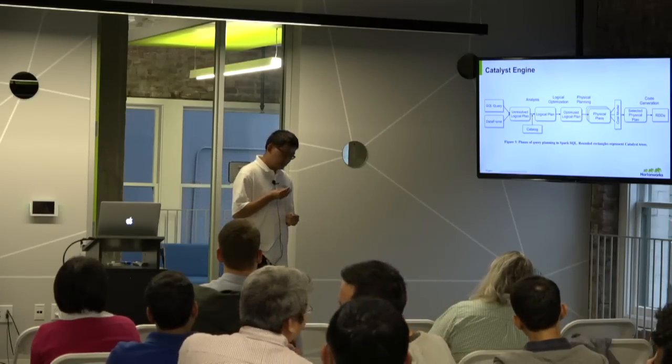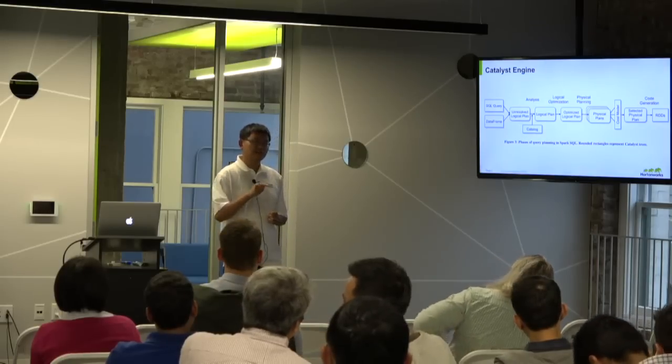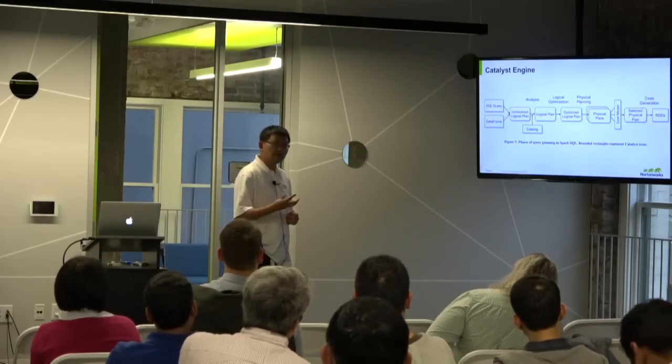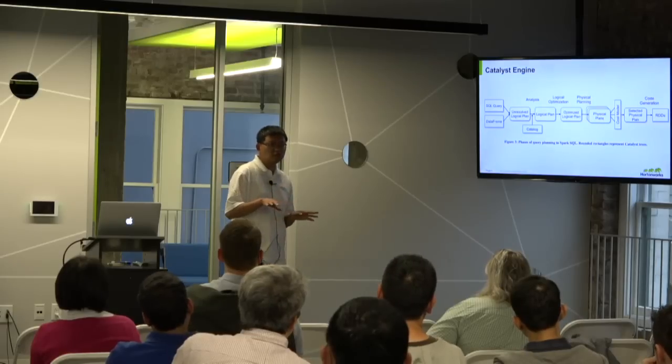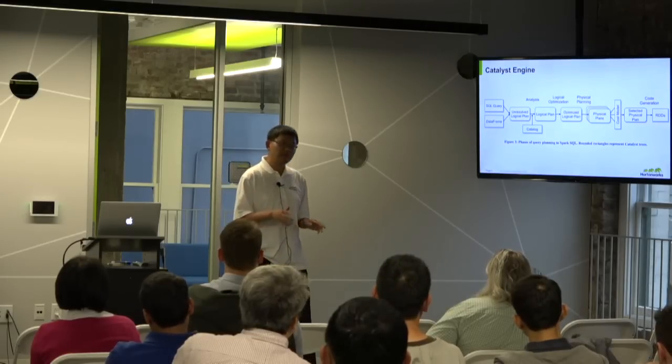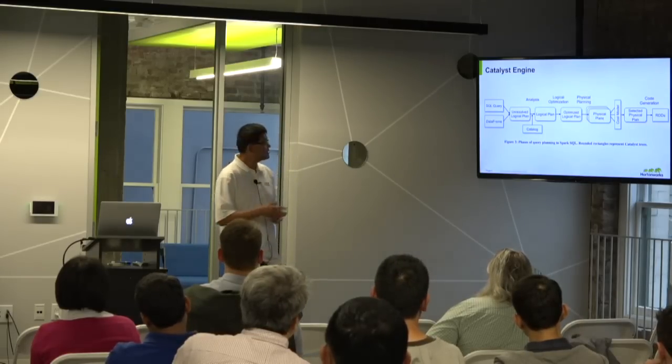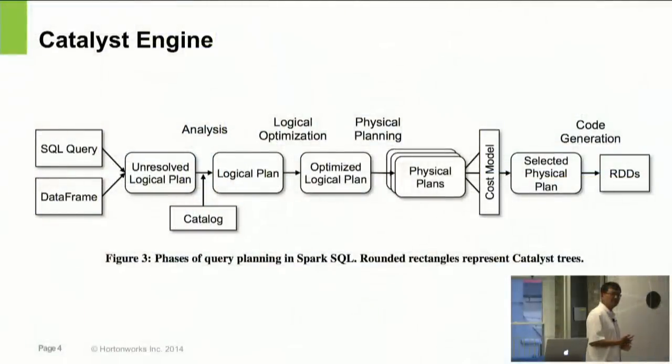Also, when you say select star from table1, this star is a symbol. It has to be resolved to all the columns in the table, for example A, B, C. That's what the analyzer is doing.